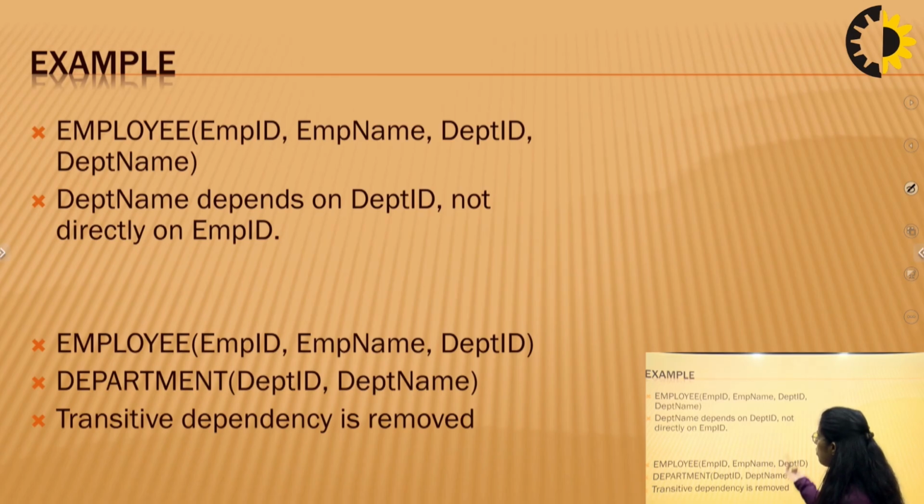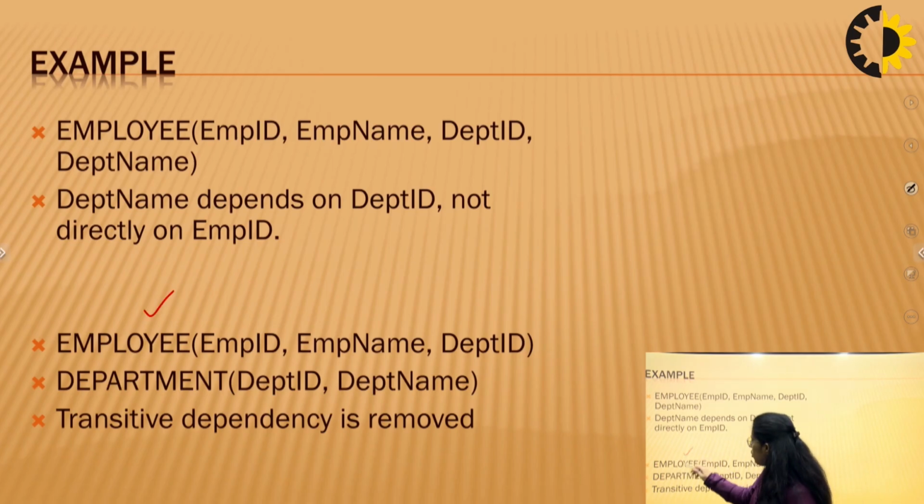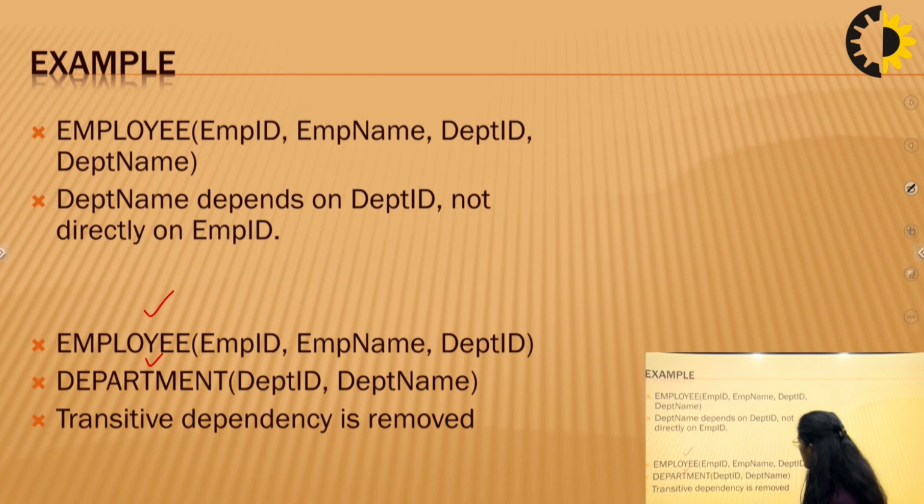So now to make it 3NF, we will have two different tables. Here we can have employee ID, name and department ID, and in another table we have department ID and department name.